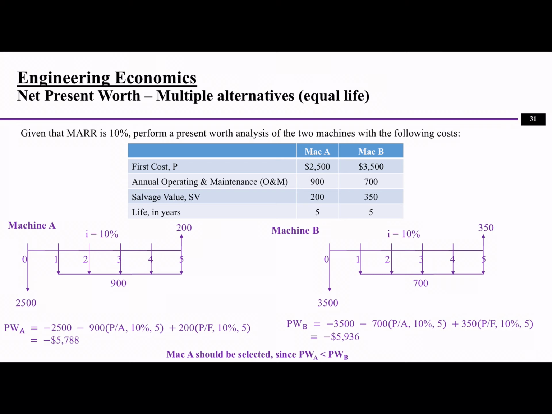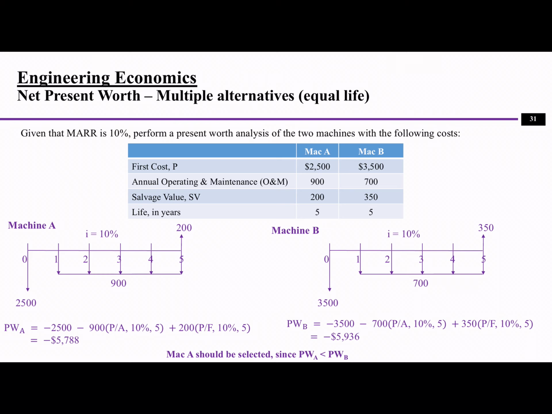We know the MARR in this case, which is the interest rate. For machine A, the first cost, or present investment, is $2,500, the annual operation and maintenance (O&M) cost is $900, the salvage value is $200, and the lifespan is 5 years.